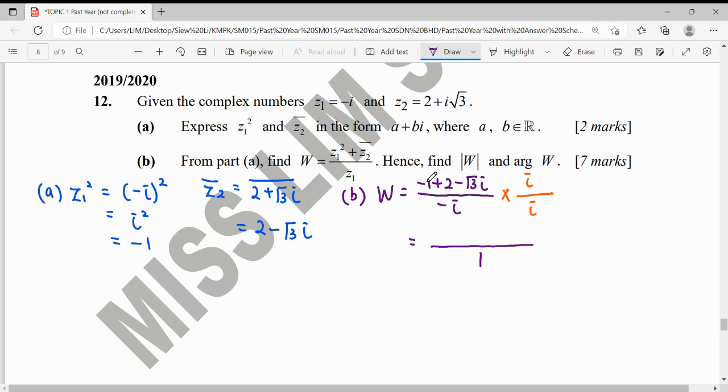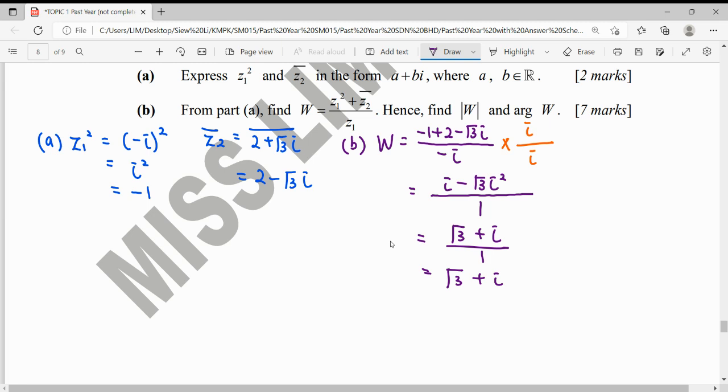For the numerator, negative 1 plus 2 is 1 times i, and then minus √3 i squared. When we multiply, it becomes i squared, and i squared stands for negative 1. So it will become positive √3 plus i over 1. So finally, this standard form will be √3 plus i.